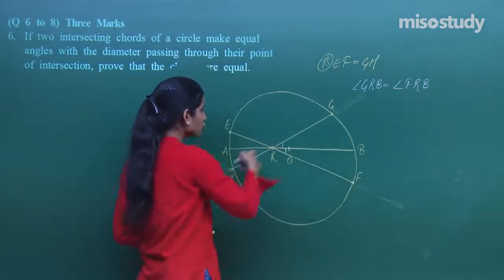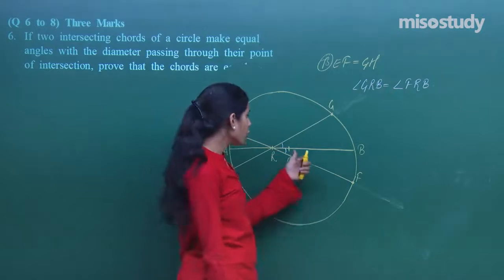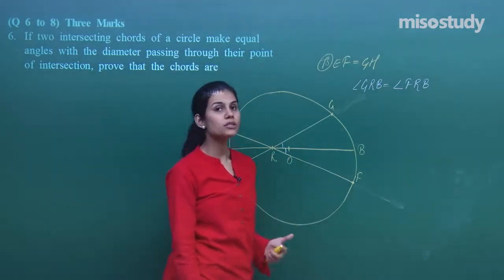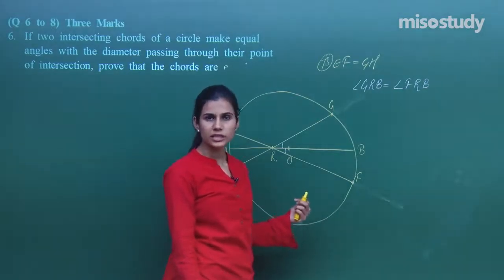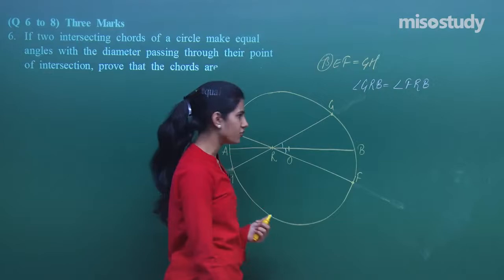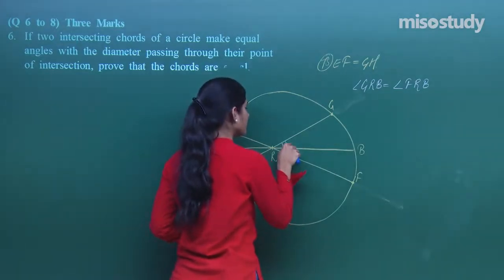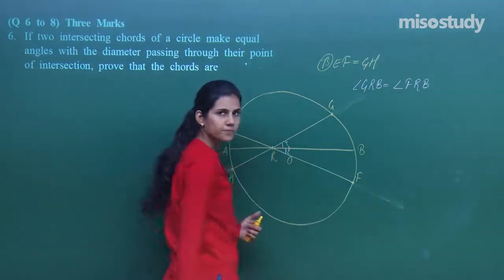What you do if you have to show these two chords are equal? Can you recall any result? If two chords are equidistant from the center, then they are equal. Because equal chords are equidistant from the center, and its converse is that if two chords are equidistant from the center of the circle, they are actually equal in measure. So what I do, I talk about their distances from the center. When I am taking distances, I will take perpendicular distances.